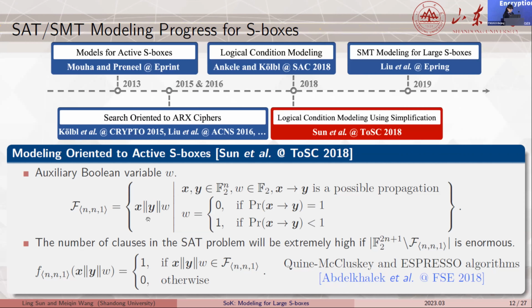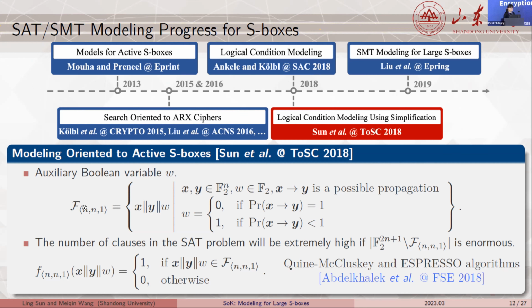In addition to the binary variables corresponding to the input and output differences, there should be an auxiliary Boolean variable omega to indicate the state of the S-box. The value of omega equals 0 if the S-box is inactive, and it equals 1 if the S-box is active. According to this criterion, the possible values of this vector should fall into this set.